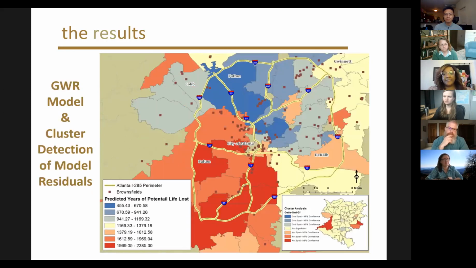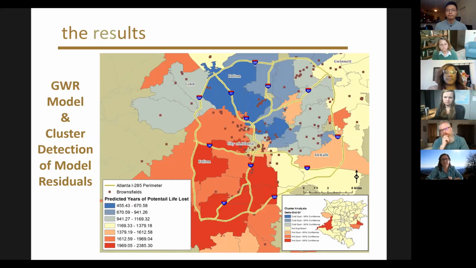There was a significant variation in YPLL as indicated by the drop in AIC from the ordinary least squares to the geographically weighted regression model, which reinforces the need to use a geographically weighted regression model to understand what we're seeing in exposure risk and deaths for this study.